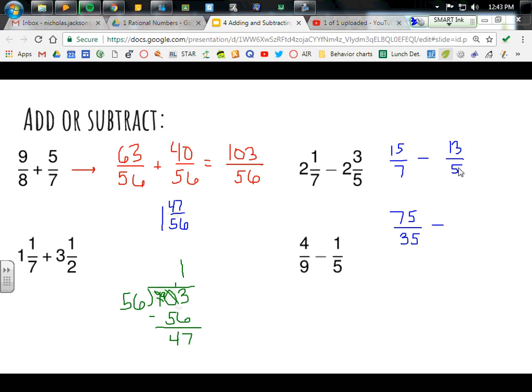We multiply 13/5 by 7/7, and we get 91/35. All right, we're going to end up here with a negative number. So we would do 75 minus 91, which will come out to negative 16/35.